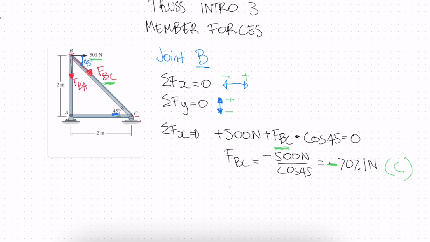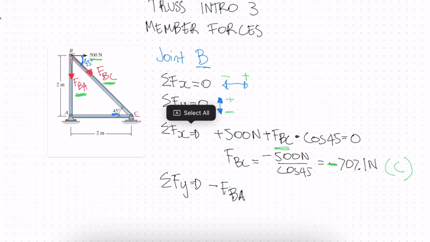Now we can do our sum of forces in the Y direction. We have our FBA going in the negative direction, right? It's going down, so this will be negative. So we'll write negative FBA. It's really important that we're still using this original drawing and we assume that this is in the negative direction as well, going down.